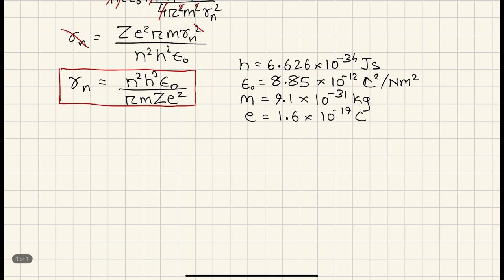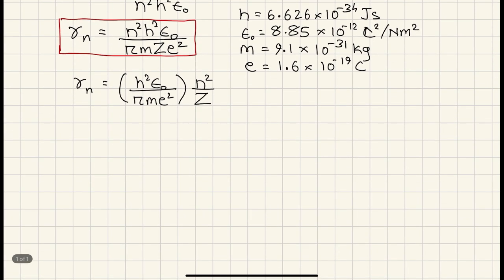Now, if I club these constants together, what I get is Rn equals h square epsilon naught divided by pi m e square, which are all constants, and leaving the constants, we have n squared divided by Z. Now, this constant can be represented by a naught.